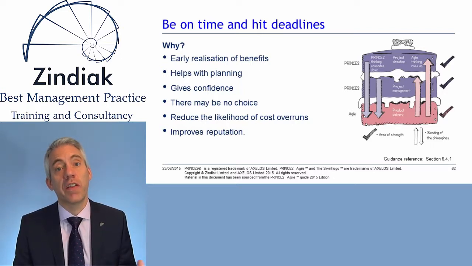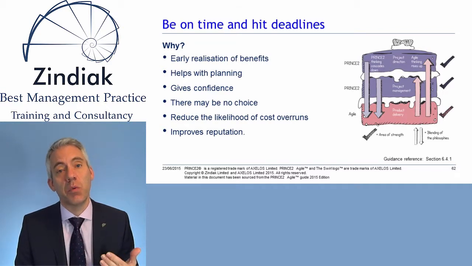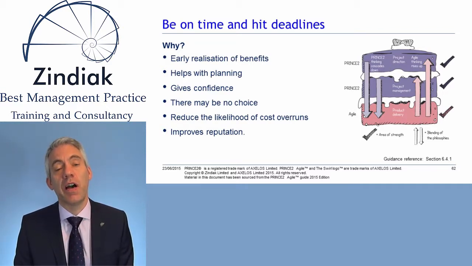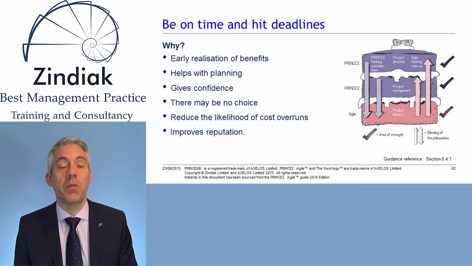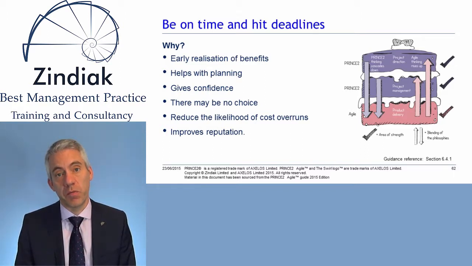And again, other things can flex, and if we deliver a viable product on time at cost, then if there's additional products and additional scope that we haven't delivered, we can review the business benefits of whether we want to spend more time and more money delivering them, but we've delivered within the time and cost that was agreed at the start.